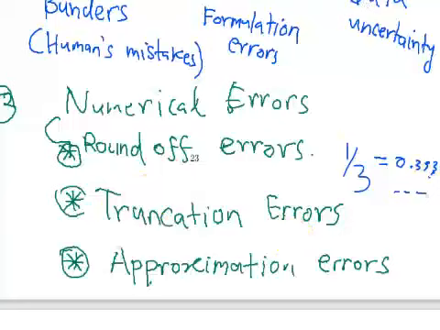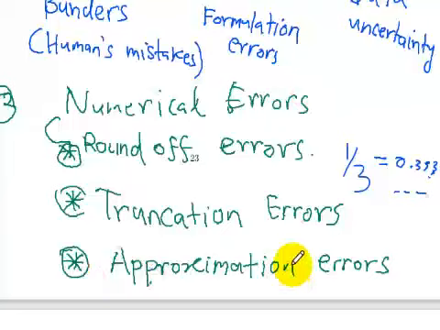If you truncate that infinite series at a certain point, you get a Taylor polynomial, which is an approximation to that infinite series. When you cut down that infinite series at a certain place, it will generate error. That error is called truncation error, right?